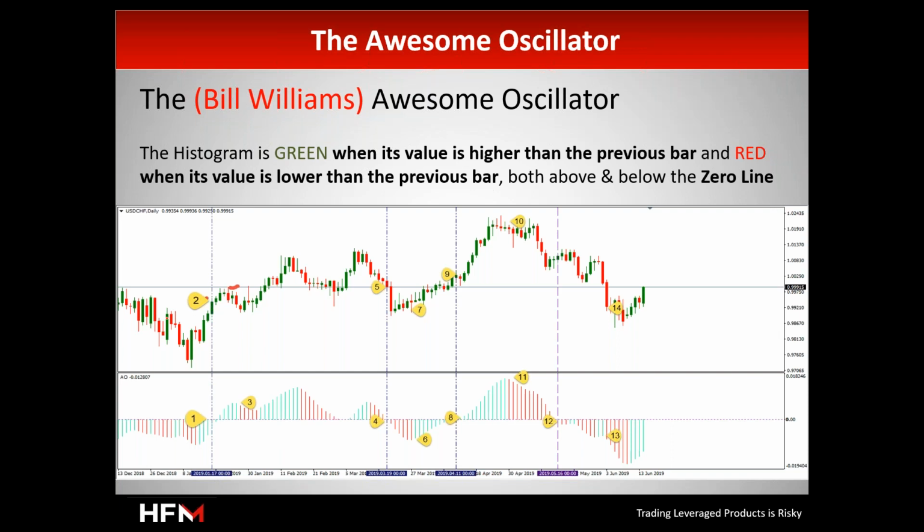So the green bars represent ups when the Awesome Oscillator value is greater than the previous bar, and the red bars represent downs where the value is lower than the previous bar.